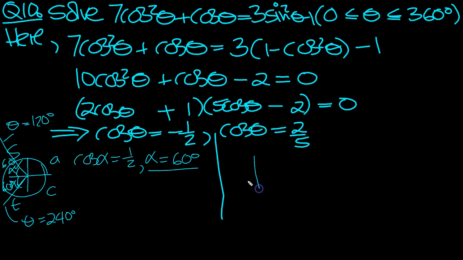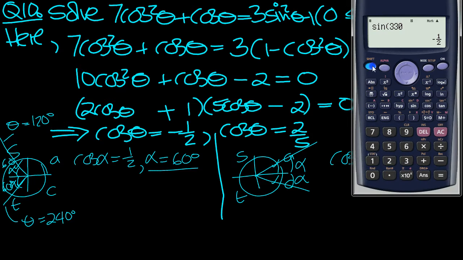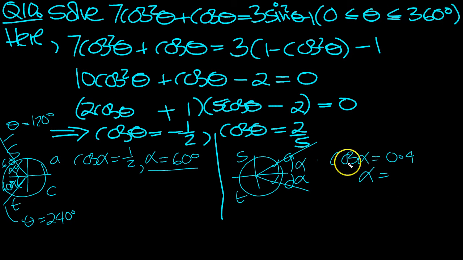Now turn our attention to this second sub-problem. Again we write CAST. Cosine is positive, so it's positive here and here. 2 lines. Mark off the alpha. Write cosine alpha and drop the negative if there is one to drop. 2/5 is 0.4, so shift cos 0.4. 66.4.